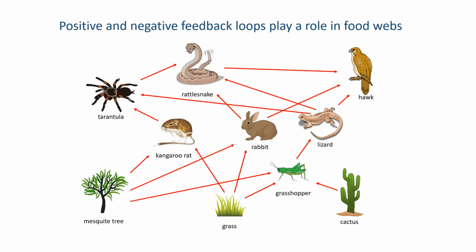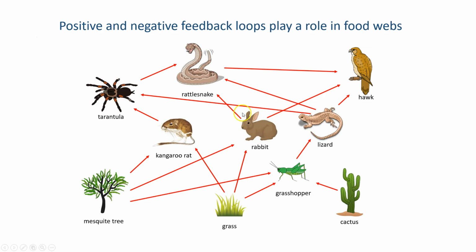As I said earlier, it's important to make sure that we're careful with how we affect these food webs and food chains because we don't necessarily know how one organism might affect another down the line. For instance, let's say we want to get rid of the rattlesnakes in an area. If we get rid of the rattlesnakes, it might cause an explosion in the population of rabbits.